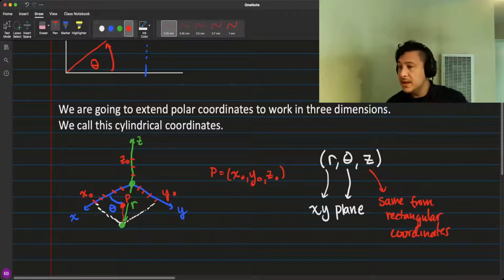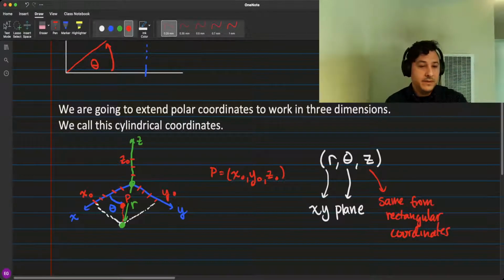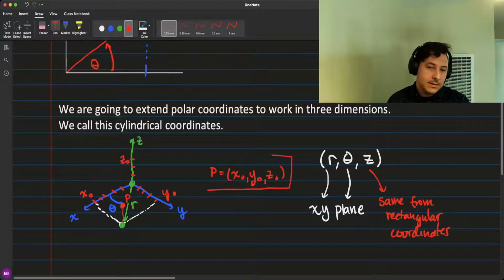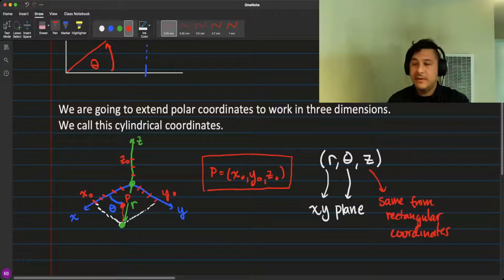If you're using rectangular coordinates, so if your point P has coordinates x0, y0, z0, you could think of first starting in the xy plane. You start at your origin and walk along the x-axis to x0. Then you move out from x0 some y amount parallel to the y-axis, and you end up at this green point on the xy plane.